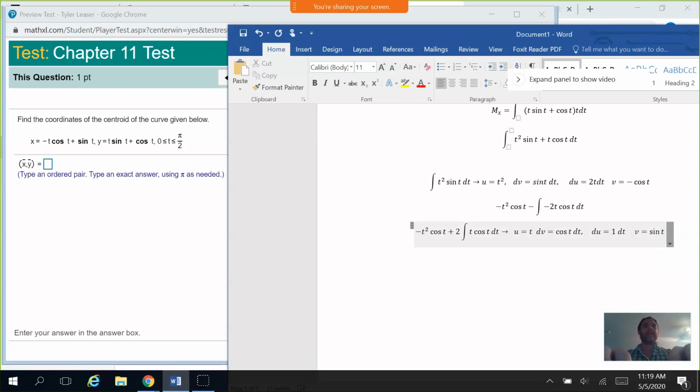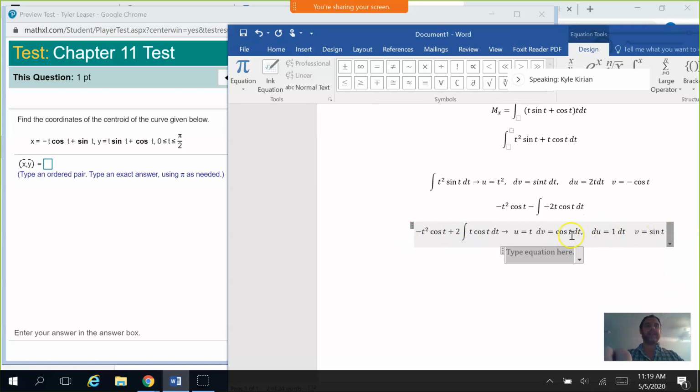Okay. And then we plug that integration by parts in for just the integral of t cosine t. So what we really have to be careful about is that this 2 is on the outside. So that 2 stays on the outside, and on the inside, replacing this integral, we're going to do the integration by parts, which is uv, t sine t, minus the integral of v du, which is just sine t dt.